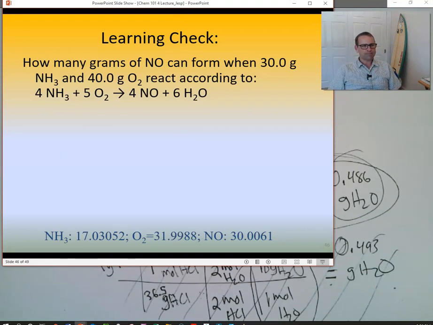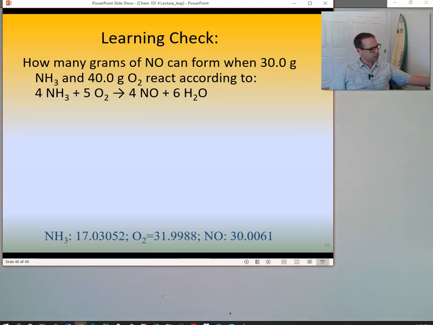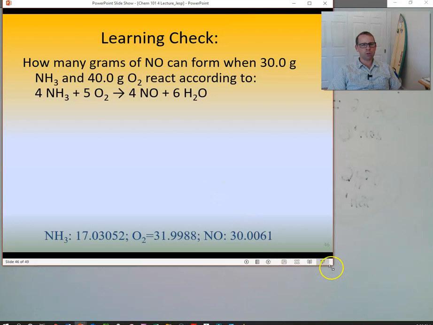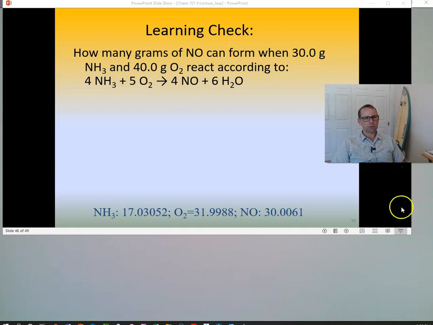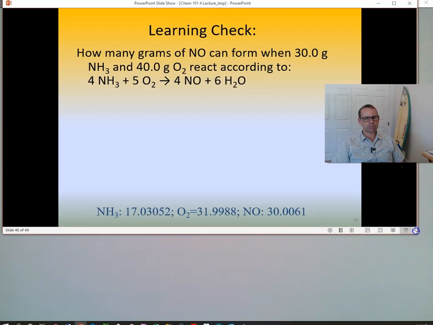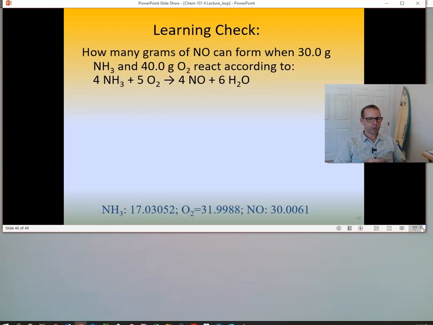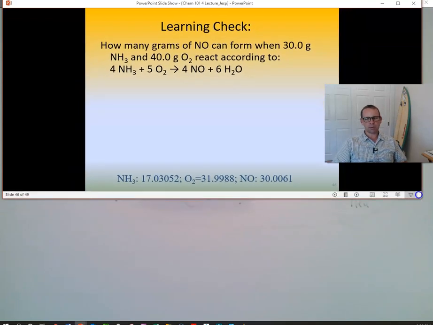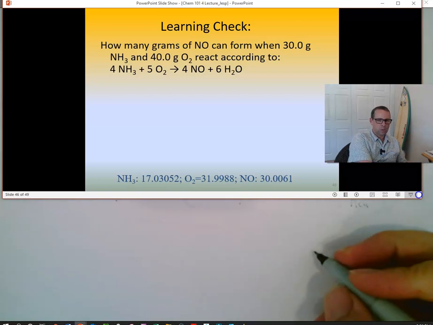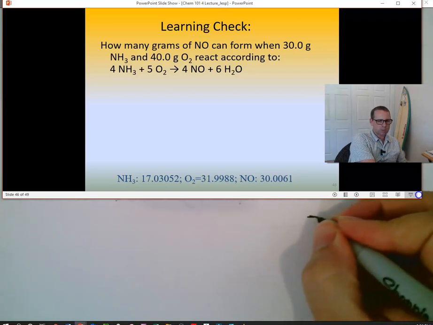Okay, here's one more. Another chance to practice our limiting reagent understanding. How many grams of NO can form when 30 grams of ammonia and 40 grams of oxygen react according to this reaction? So we've set it up twice, right? And what goes to the right of the equal sign?